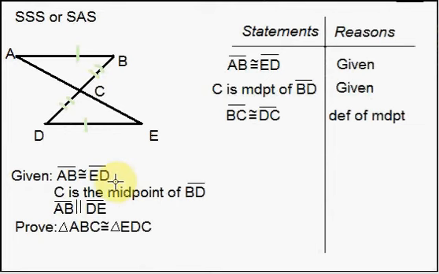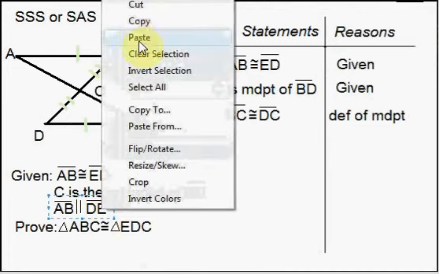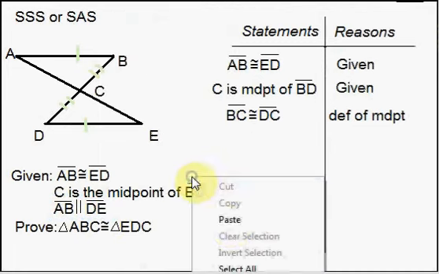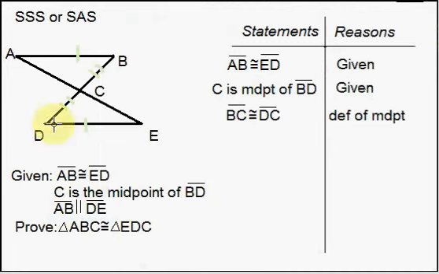Okay, now the next thing we need to do is give the other given. Okay, AB is parallel to DE, and that is given.